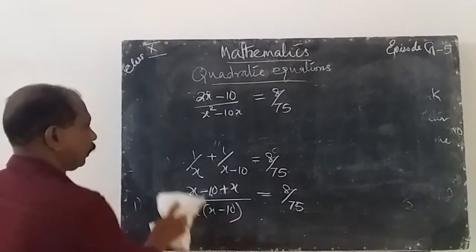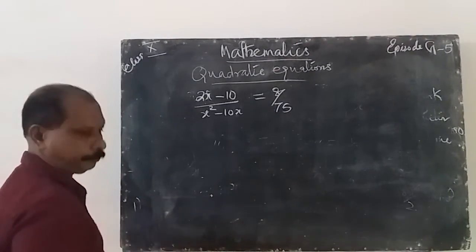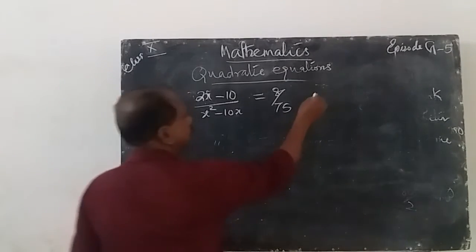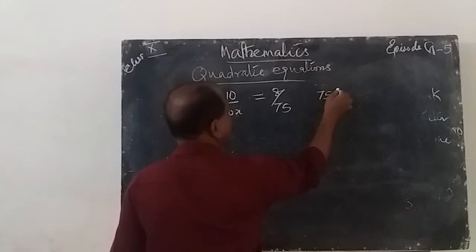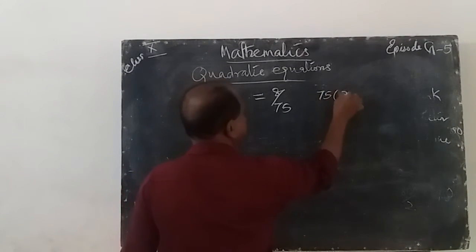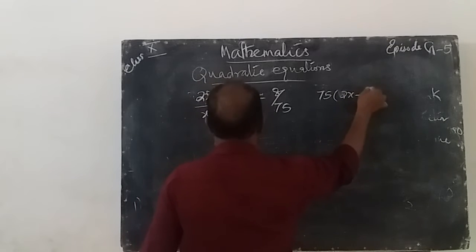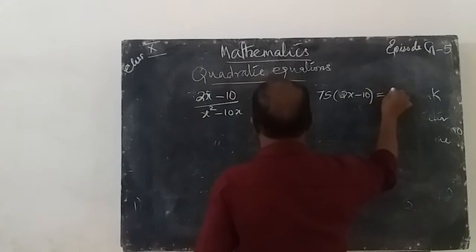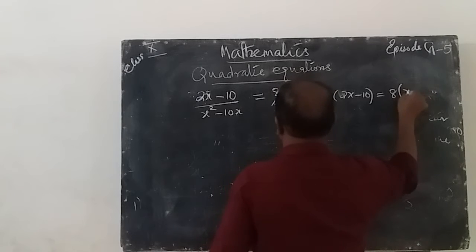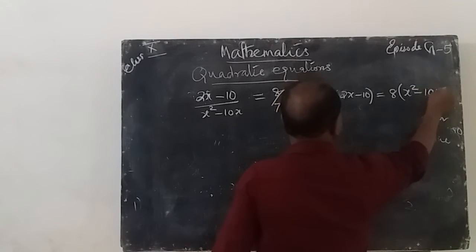Cross multiplication, we get 75 into 2x minus 10 is equal to 8 into x square minus 10x.